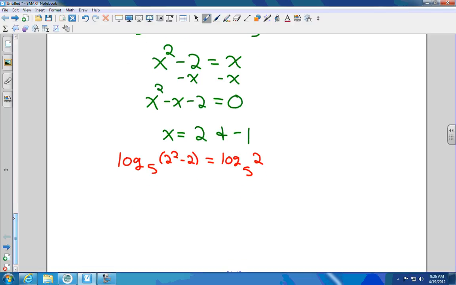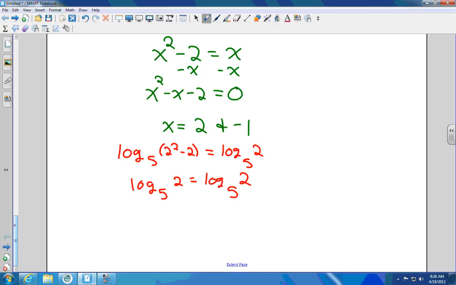So it does check out. 4 minus 2 is 2. And log base 5 is 2. Those do work. The other one work? Did you square the negative 1 correctly? Positive 1.